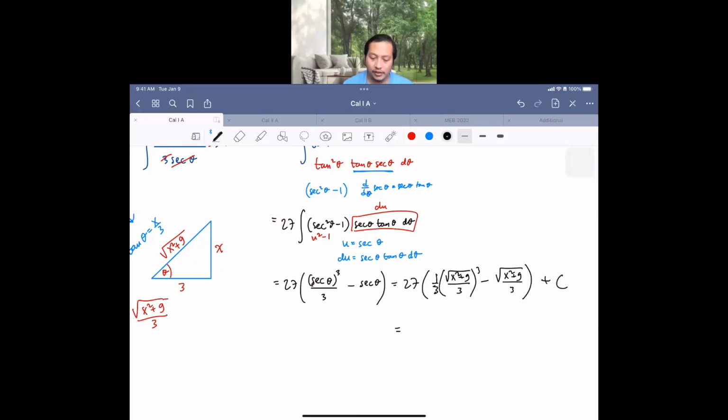So we get this will be 27. So this will be 1 over 3 square root of x squared plus 9, to the 3 over 2, minus 9.